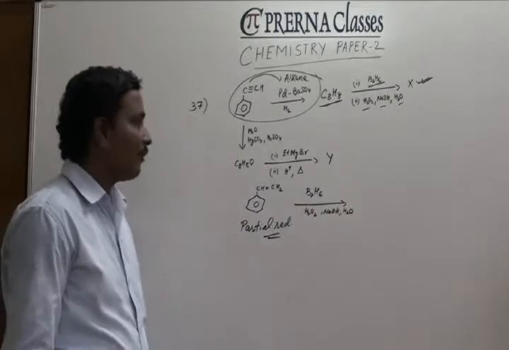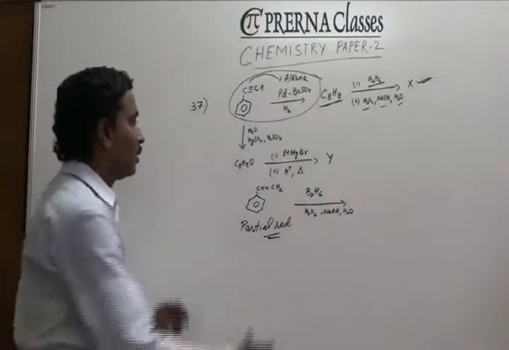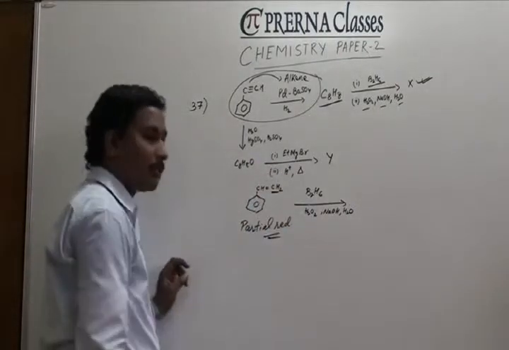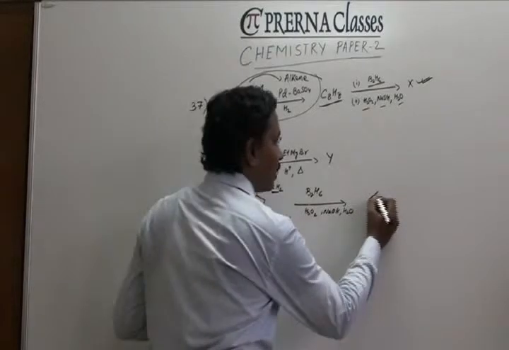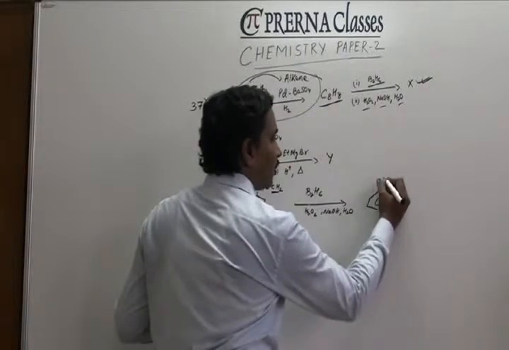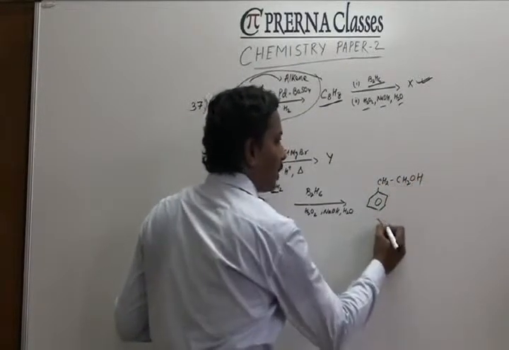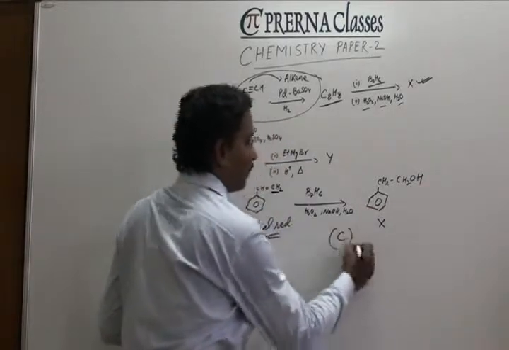It will always give the least substituted alcohol, that means this carbon is the least substituted. So a 1 degree alcohol will form, and the product is this. So the structure of X is this, therefore the answer is option C.